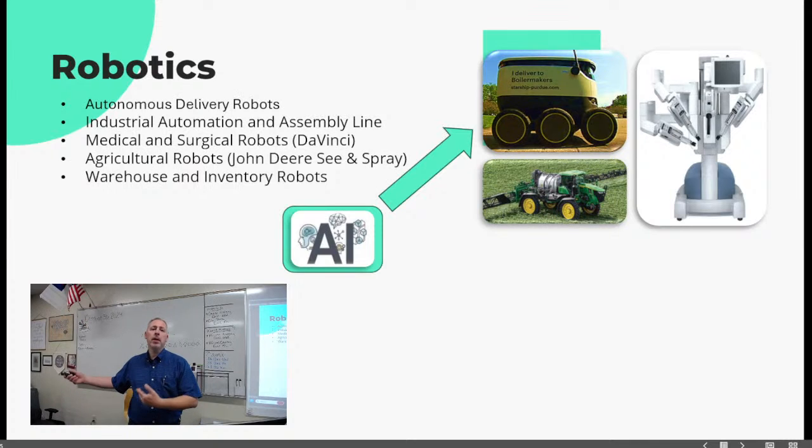Gallons and gallons and gallons of herbicides don't need to be wasted. There's one of your solved problems right there. Agricultural. So again, the whole See and Spray, you can look it up, John Deere See and Spray. There's all kinds of technical stuff. You can look at it and there's videos on it. Amazing stuff.